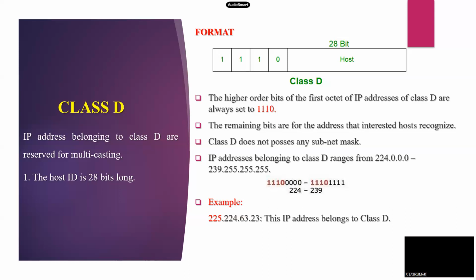This is an example of class D: 225.224.63.23. The 225 belongs to class D. This class D is not used for commercial purposes; it is reserved for multicasting. Here there is no network, only host.